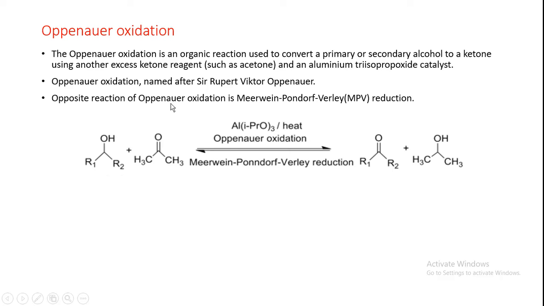The opposite reaction of Oppenauer oxidation is the Meerwein-Ponndorf-Verley reduction, also known as MPV reduction. So you see, if the reaction goes from this side, the ketone with the alcohol, the ketone is reduced to the alcohol.